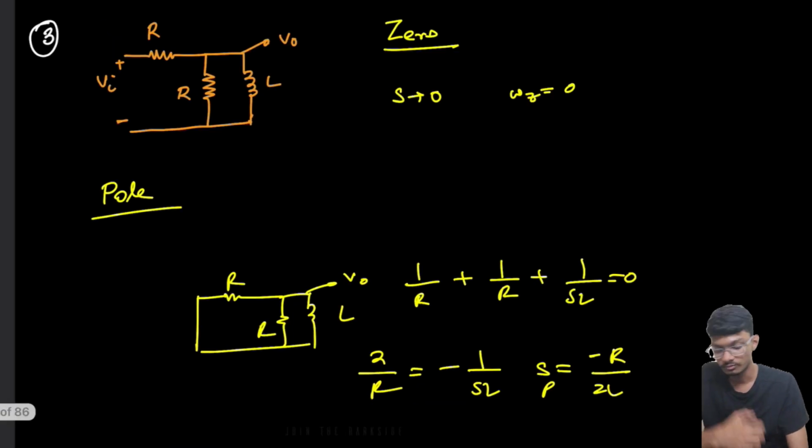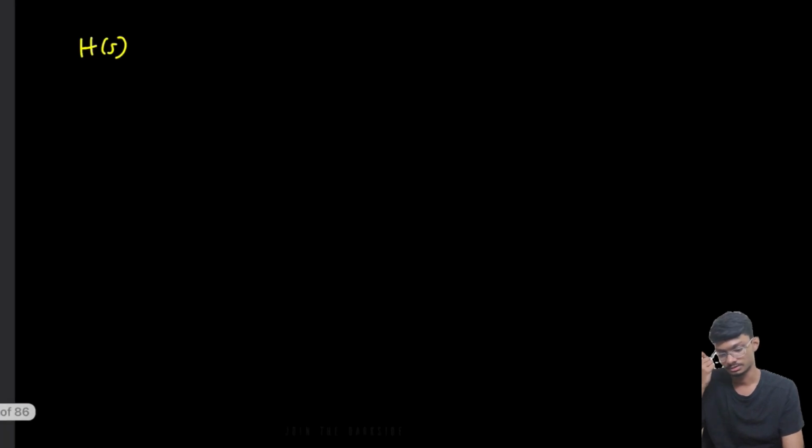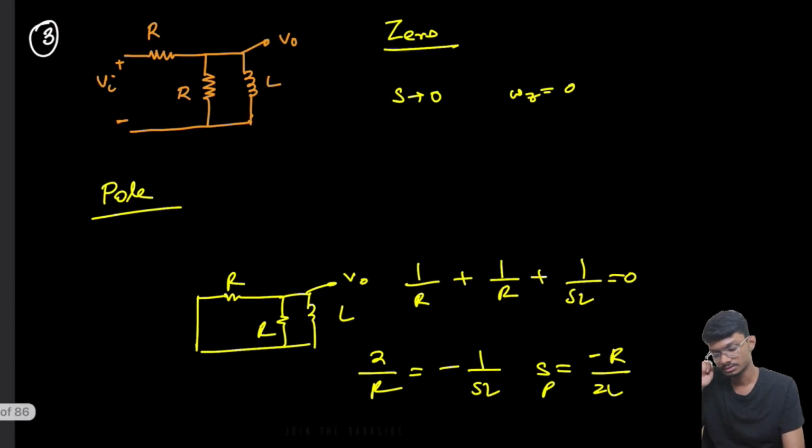So let me write the transfer function H(s). For that we have to find the DC gain. What is the DC gain? Again we have a zero at s equals 0, so for the gain we will take help of the infinite frequency. So for s tending to infinity, what is happening? Basically we have this Vi over here and this is infinite, so the impedance will be infinite.